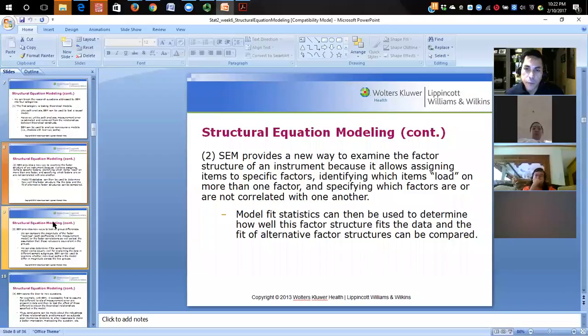But the reason why I backed out of doing structural equation modeling when I was doing my PhD was that I didn't have the instrument or questionnaire that would measure the systems factor.